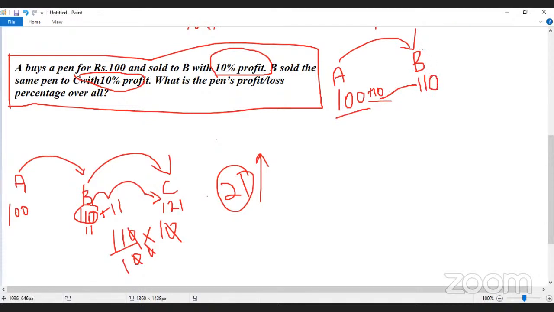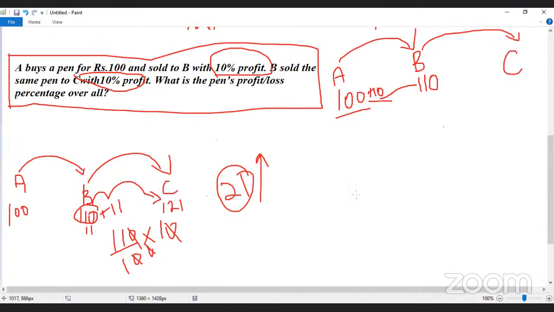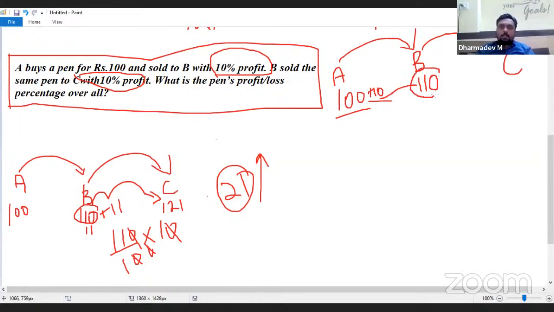110, sir. Yeah. Next, B to C. B is selling to C with again 10% profit. So what is 10% of 110?